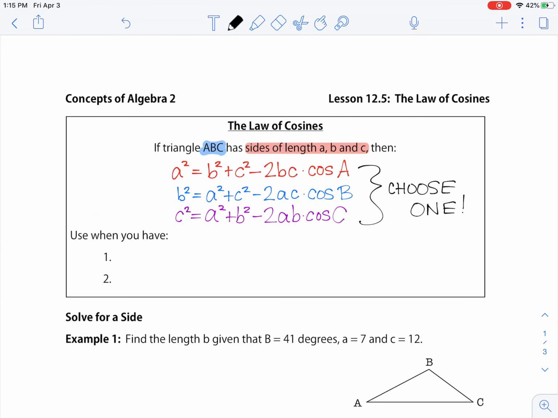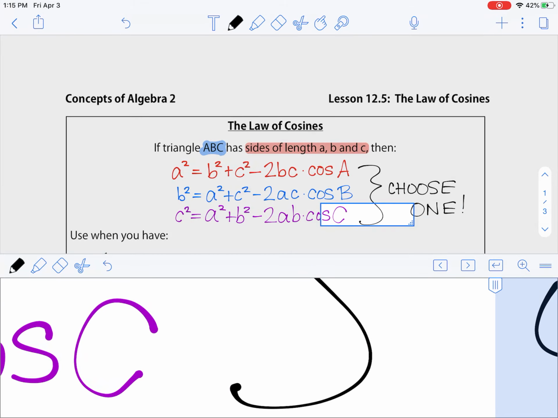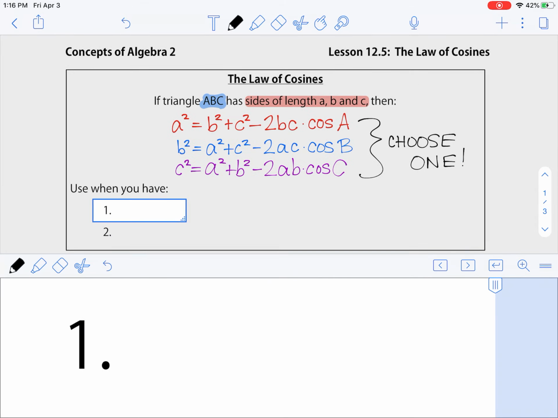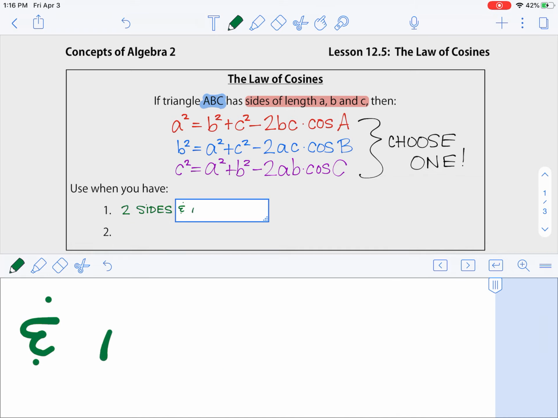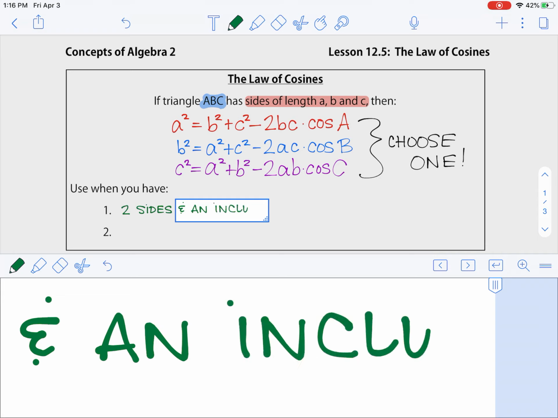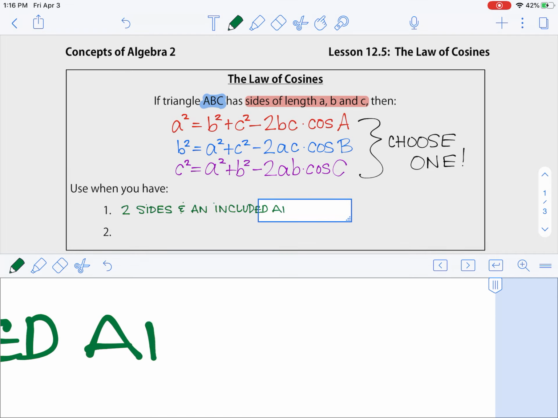Now, to help you know when to use the law of cosines versus the law of sines that we have already covered, there are two instances when the law of cosines is of best use. First, if you know two sides and an included angle, which we'll redefine today so you know which angles those are.